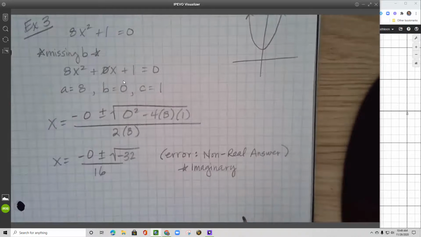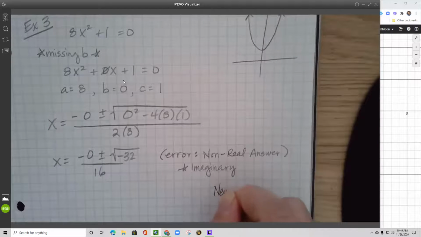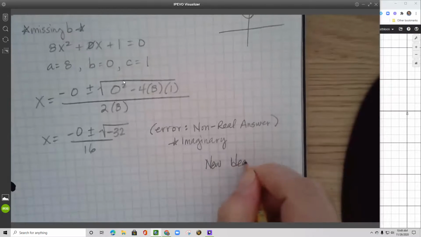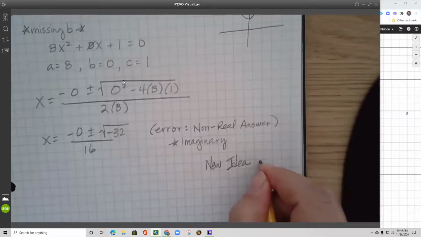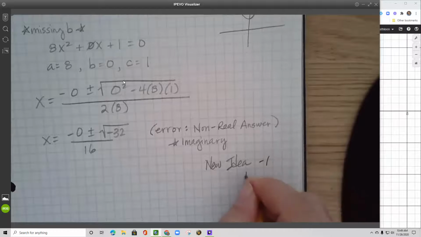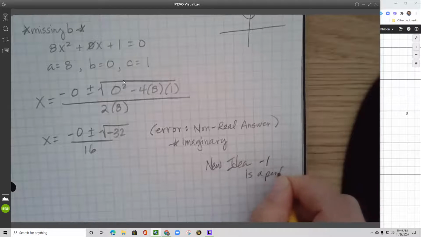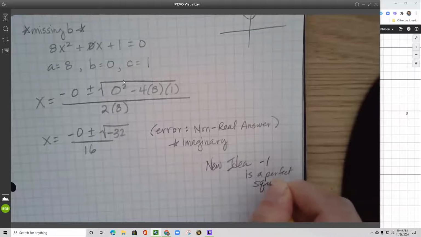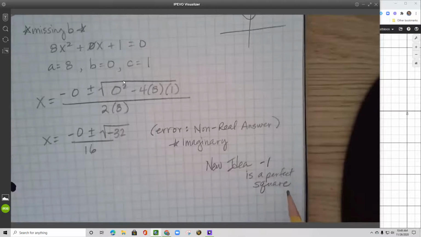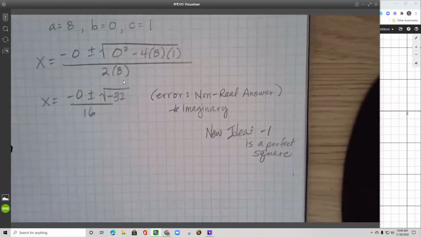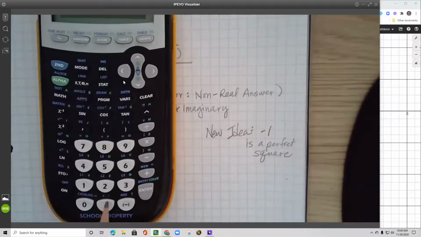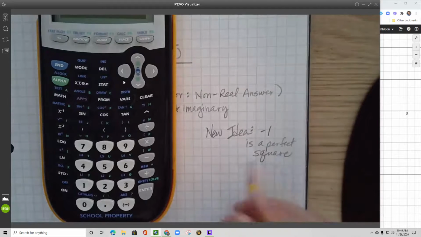So I have a new idea here that we haven't had in math class before, which is that negative 1 is a perfect square. Since you haven't ever had a number that you could square and get negative, let me show you how that works. On your calculator, right over the decimal sign is an i. i is a reserved number.